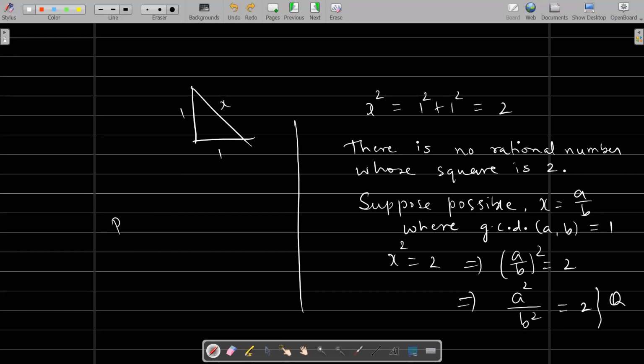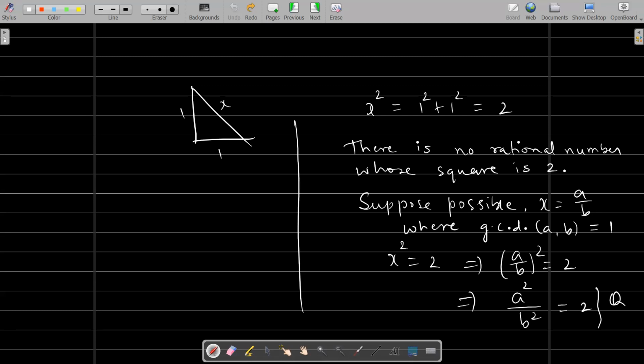So, I think I thought of something. I'm not sure if this is correct. It's a proof for why specifically this is irrational. Basically, if a rational number has to be represented, it will be p upon q where both p and q are integers.